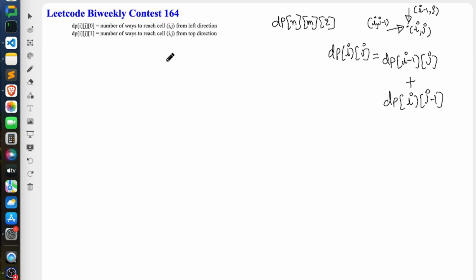But in this particular problem, like in today's contest, there is a slight difference. The difference comes in the mirror. Some of the cells in the matrix may contain a mirror, right? What this mirror does is essentially change your direction. So let's say you are moving to the right, but once you hit a mirror, it will change your direction to down.